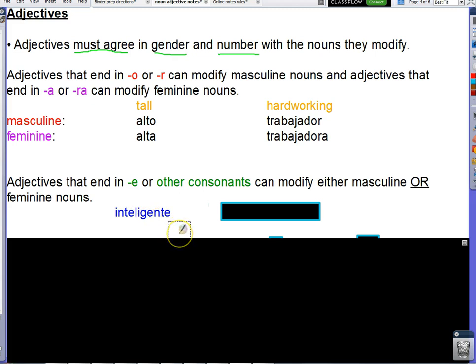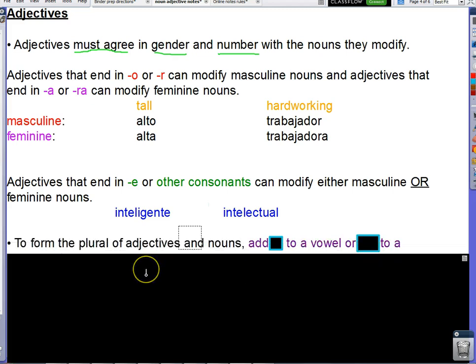If I want to say that Anna is intelligent, Ana es inteligente. If it ends in an e, it can describe a boy or a girl. Or if I have an adjective that ends in a different consonant besides the letter r, it can describe a boy or a girl as well. Jim es intelectual, Ana es intelectual. These describe both a boy or a girl.